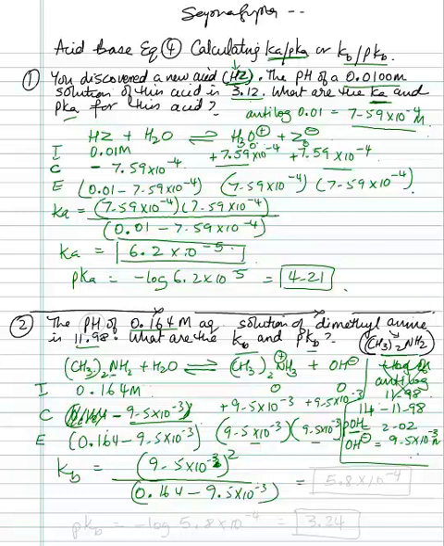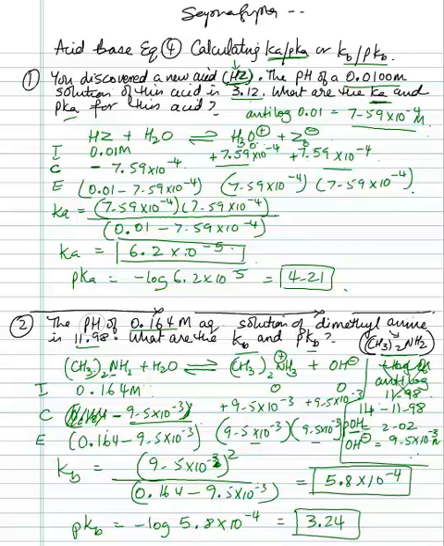This gives us a value of 5.8 times 10 to the negative 4. So that is our Kb value. Our pKb is the negative log of 5.8 times 10 to the negative 4, which is 3.24.